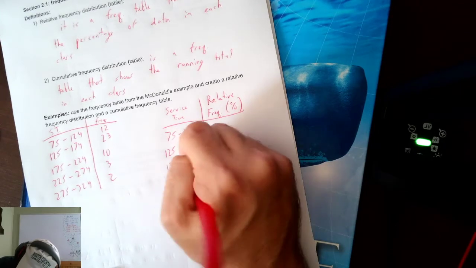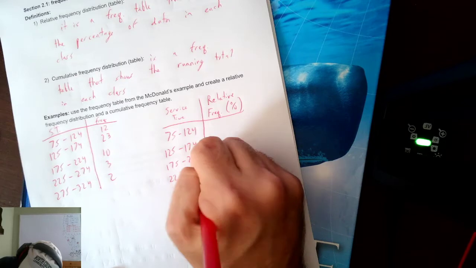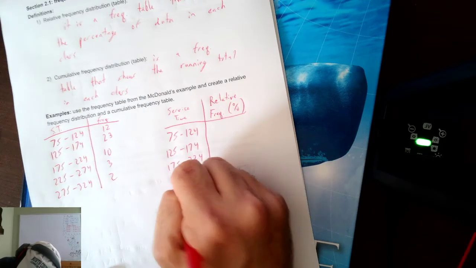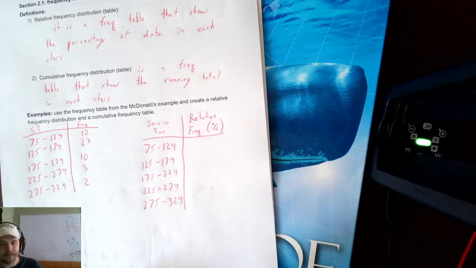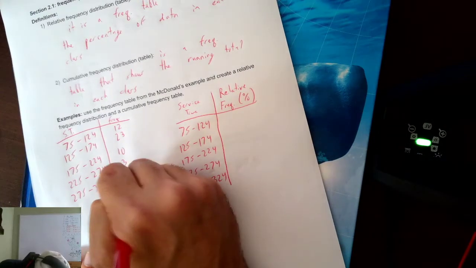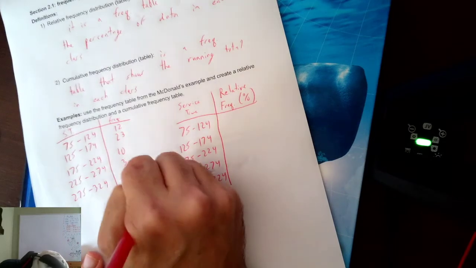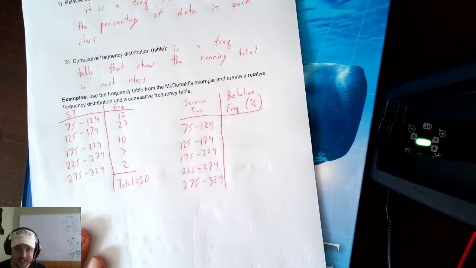So let's copy down our 5 classes. Now, I need percentages here. I need to know the total data. Remember, the total was 50. There was a total of 50, right? If I added these up, I'd get 50.